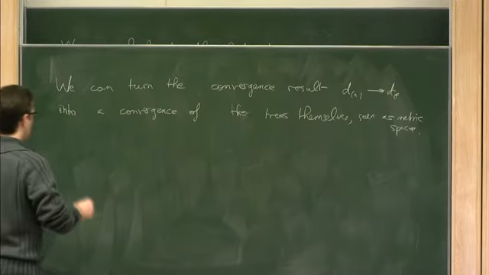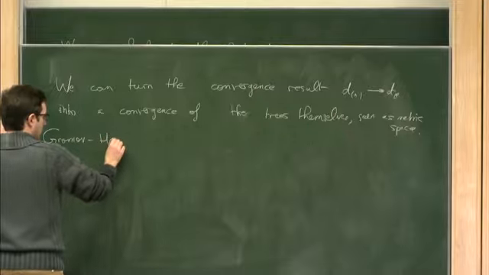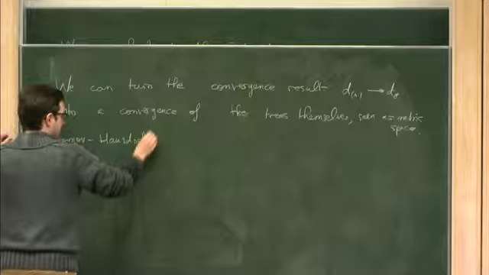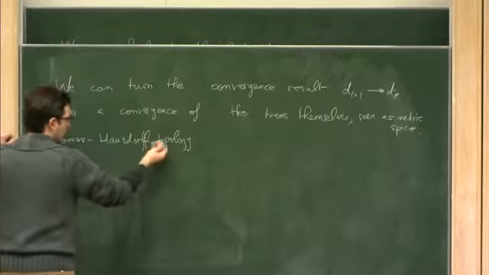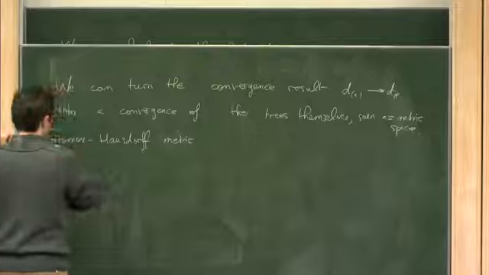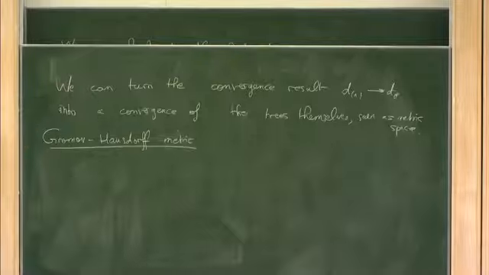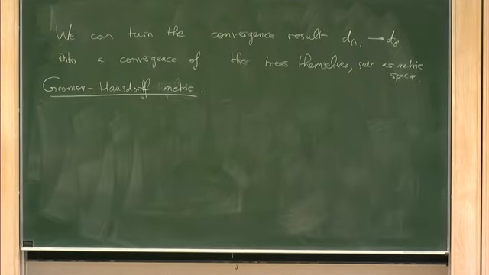A way to do that is to use the so-called Gromov-Hausdorff topology, actually the Gromov-Hausdorff metric. The Gromov-Hausdorff metric is a way to measure how far apart two compact metric spaces can be.